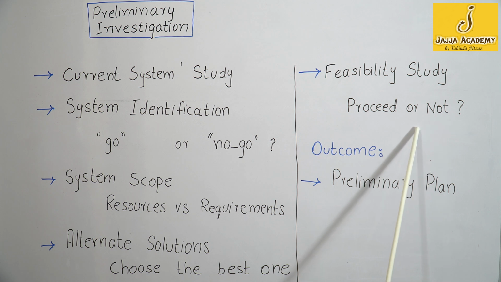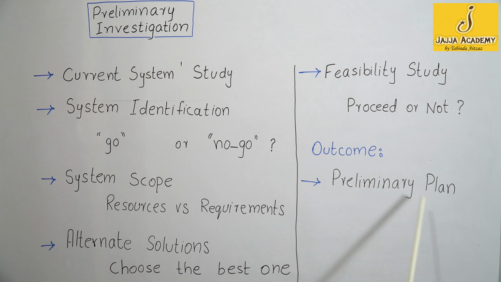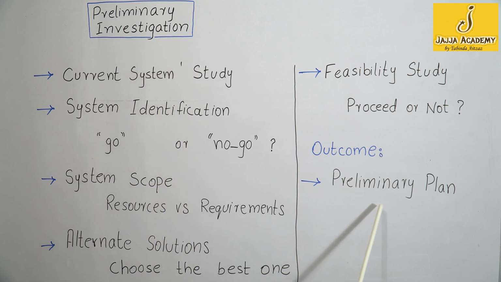If the feasibility report is satisfactory, then a preliminary plan is prepared, and that preliminary plan is the outcome of preliminary investigation that is made after going through all these activities. Now this preliminary plan would be handed over to the analysts for the analysis phase.